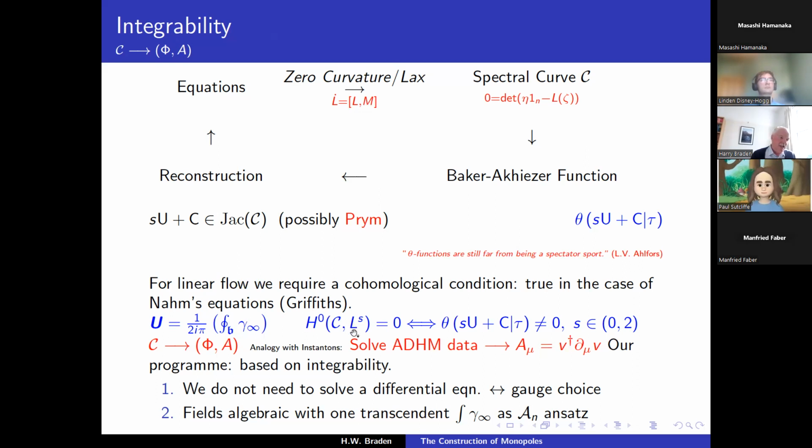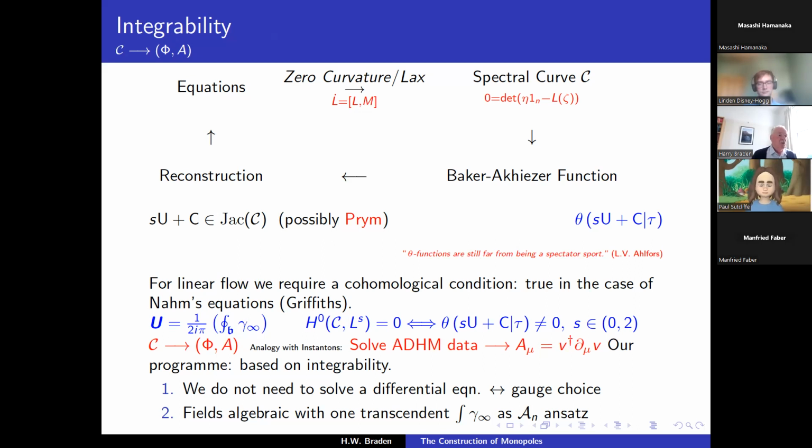So there being no sections tells us that the theta function is non-zero. And because the fields are expressed in terms of rational combinations of these theta functions, we don't want the theta function to be able to vanish apart from the endpoints.